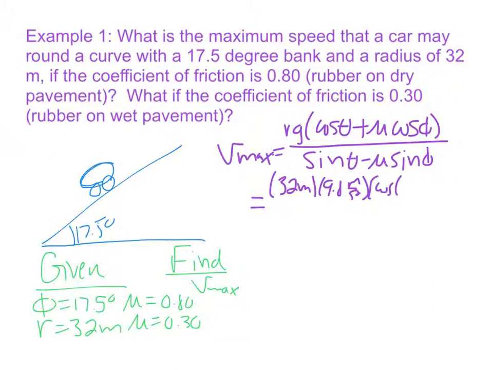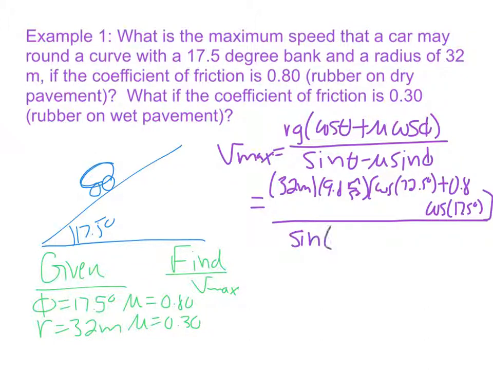So theta is 90 minus 17.5 degrees, so this is 72.5 degrees, plus mu, 0.8, cosine of phi, 17.5 degrees. And it's all of this over sine of 72.5 degrees minus 0.8 sine of 17.5 degrees.